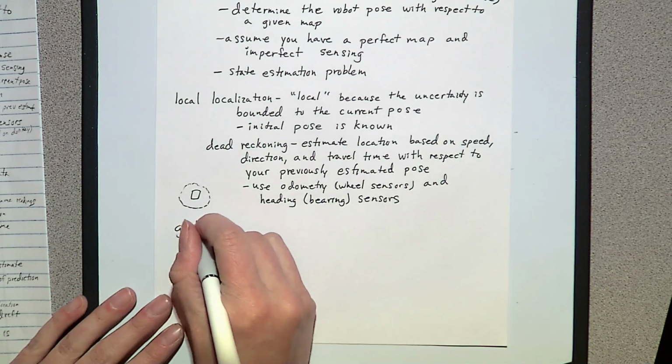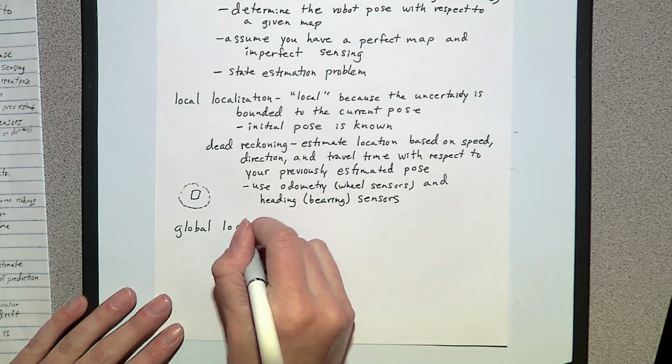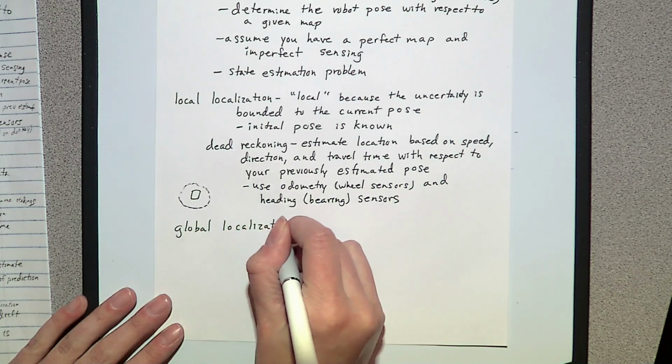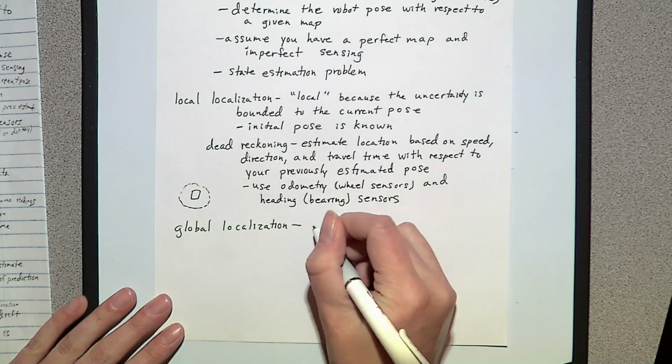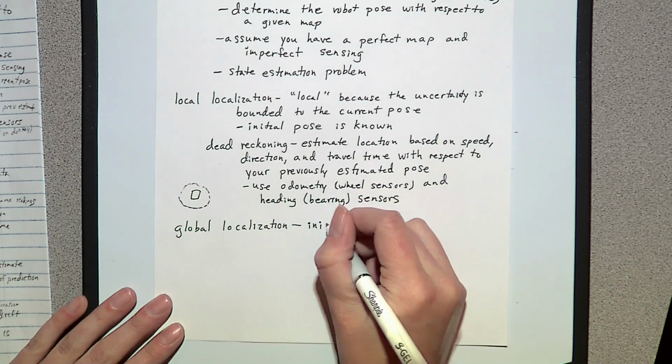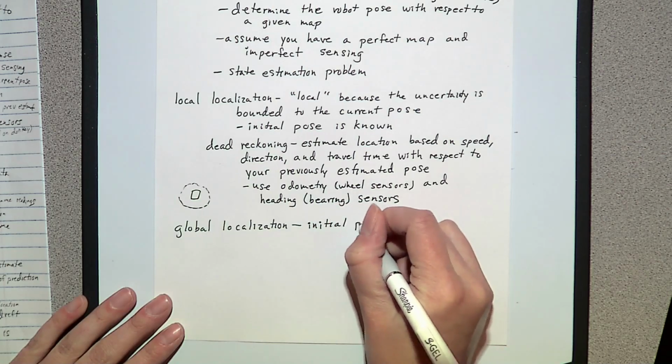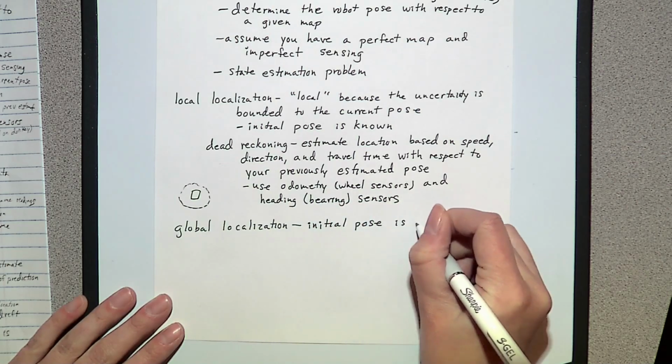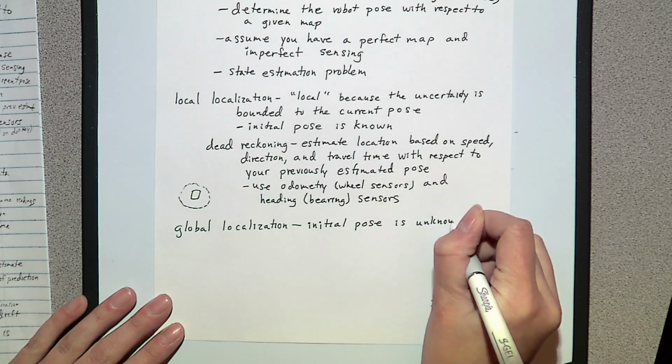And then our global localization. This would be where you're trying to localize, but your initial position is unknown.